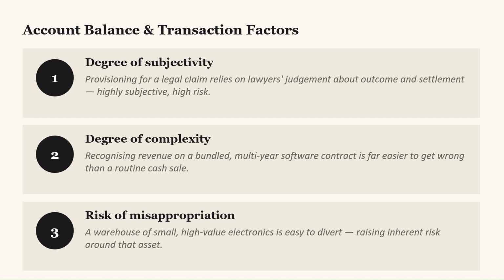For example, recognizing revenue on a bundled multi-year software contract is far more likely to go wrong than recognizing revenue on a single routine cash sale. Factor three is risk of misappropriation. Think about a warehouse full of small, high-value electronics. Items like that are easy to divert or steal, which raises the inherent risk around that particular asset.